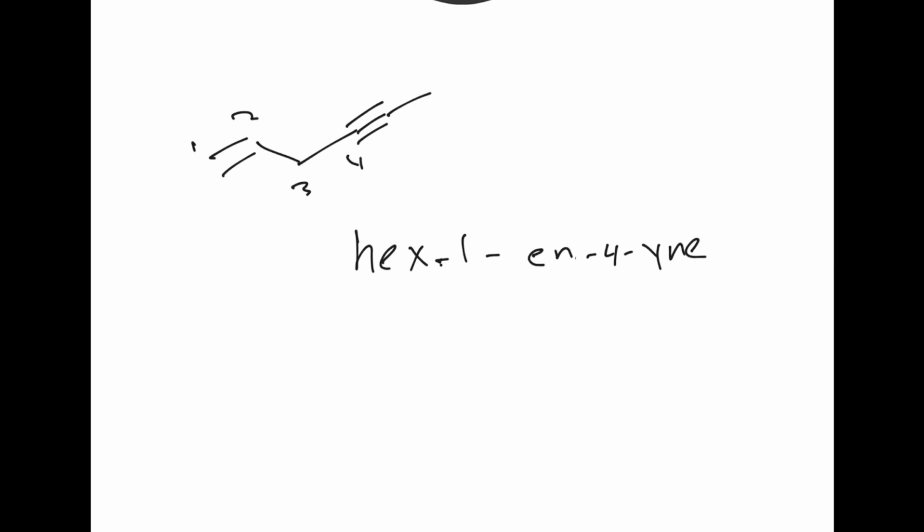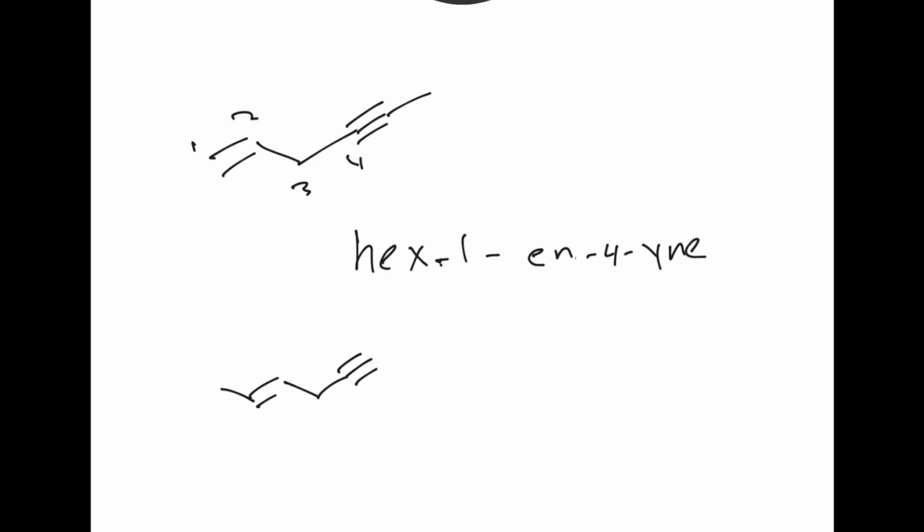But I could easily just turn this around, and I wouldn't number it here. I would just go, okay, now the lowest possible number I put in my molecule is 1 if my alkyne is 1. So I'm going to make the alkyne 1. There's no difference. So you're basically treating the alkene and the alkyne both like they're double bonds.